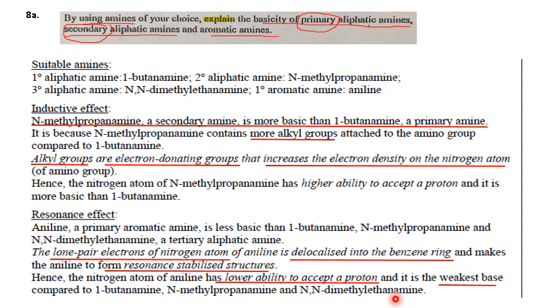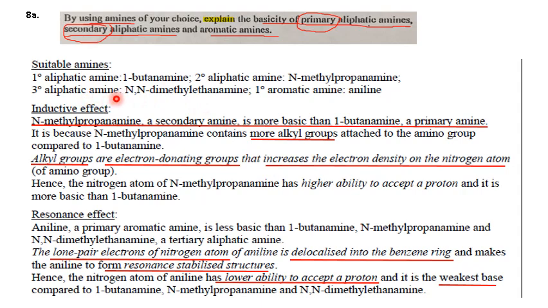So one question I want to ask. If we compare the primary aliphatic, secondary aliphatic, and tertiary aliphatic amines, which one is the strongest base? The answer is secondary aliphatic amine, followed by primary aliphatic amine, and then tertiary aliphatic amine is the weakest base. Why? This is because the tertiary amine contains 3 alkyl groups.